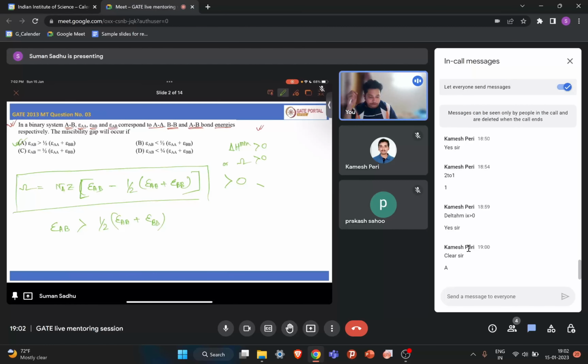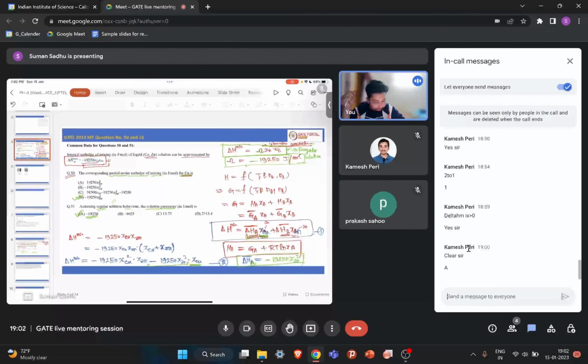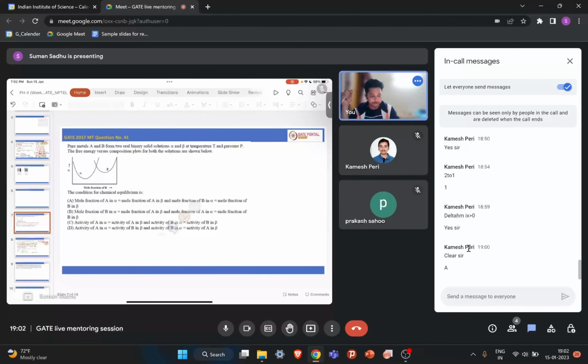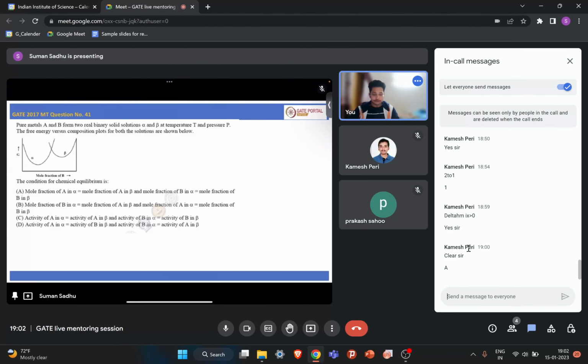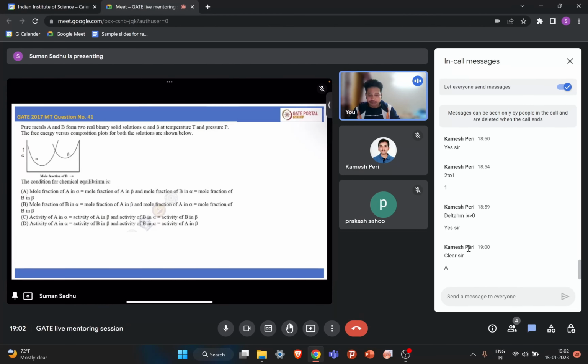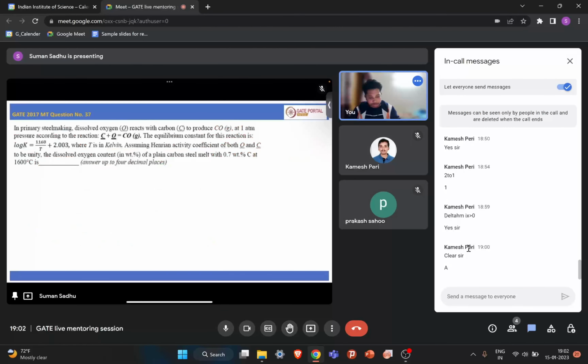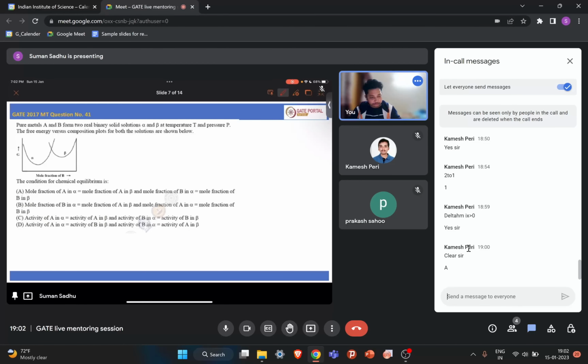Okay, now let us move to the next question. This one we have already solved, right? Now this question. In the case of only one type of crystal structure, you can draw the free energy curve like this, a single free energy curve, right?